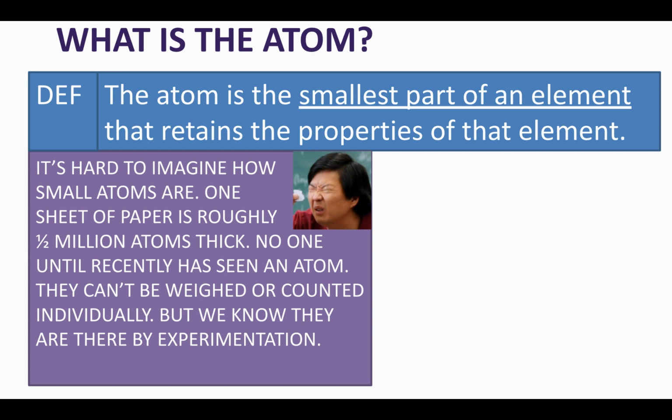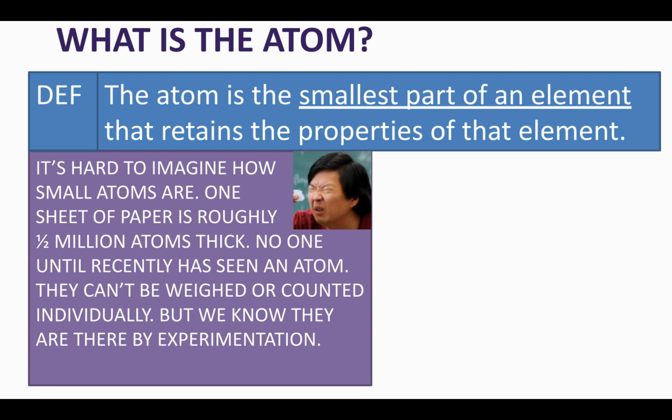The point being that that was an element, and there was only aluminium found in that aluminium foil. But if you kept cutting down and kept halving, eventually you would break it down to a single unit we call an atom. That is what we mean by saying it is the smallest part of an element.